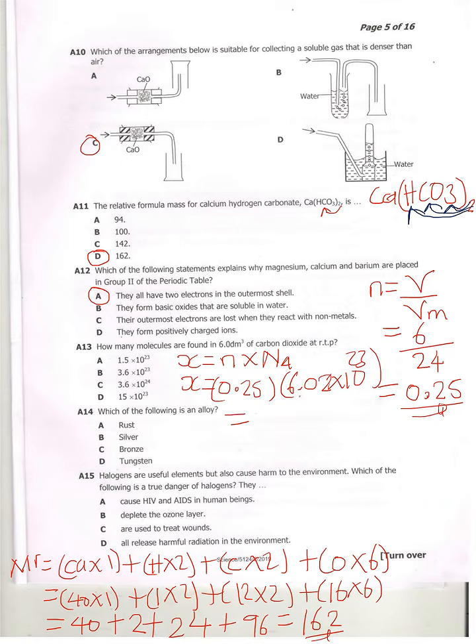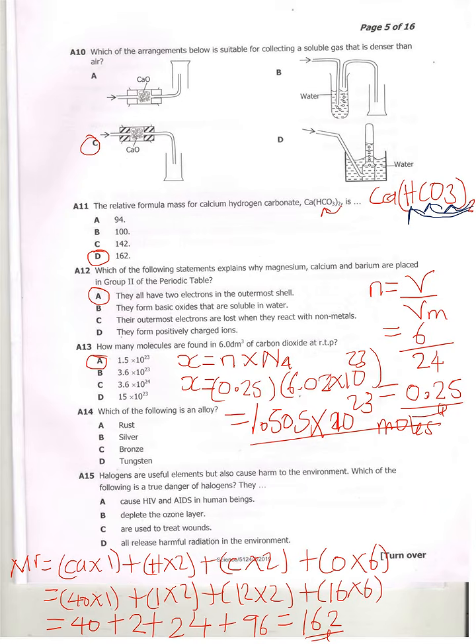So 0.25 times 6.02 times 10 to the power 23, I'm getting about 1.505 times 10 to the power 23 molecules. So let's see if we have this one. From the multiple choices, the answer 1.5 is A. So this is our correct answer.